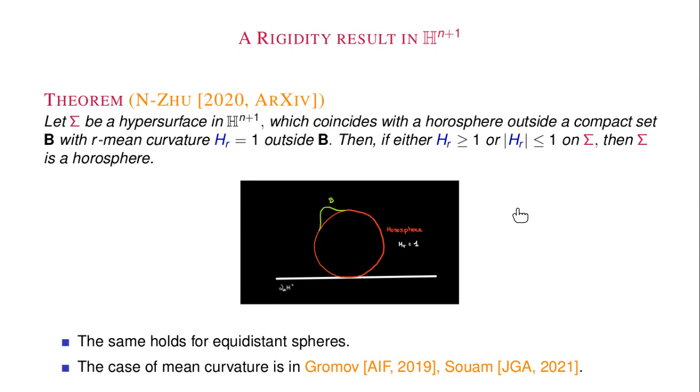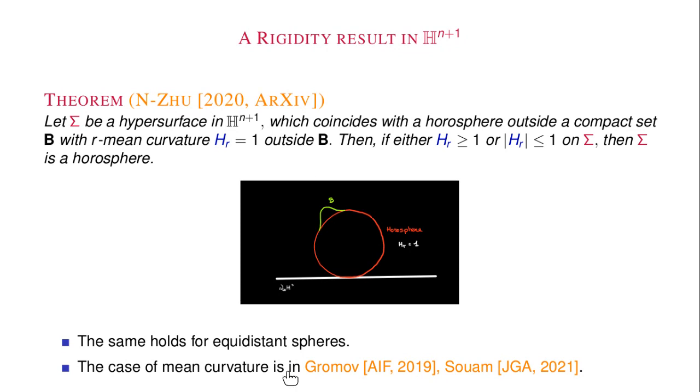And in fact, the result is the same for HR curvature, provided that you can use the maximum principle, but you can, because here you have plenty of strictly convex points. And of course, the same holds for equidistant spheres, but you can replace a sphere by the equidistant sphere.